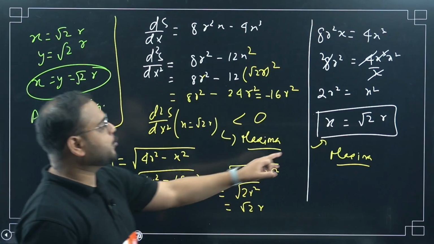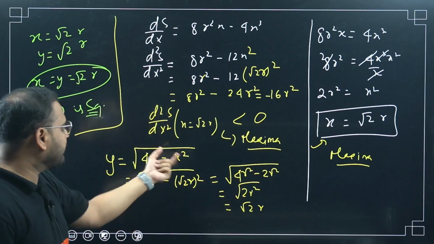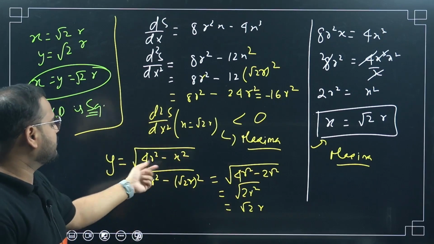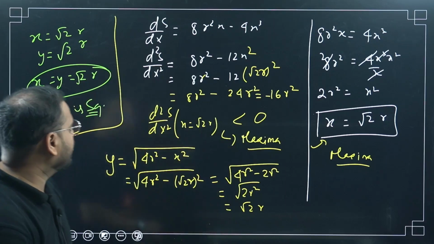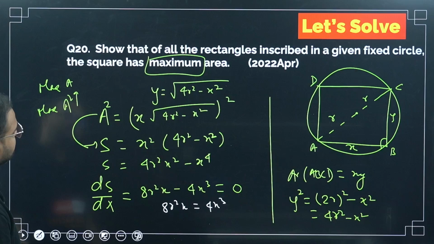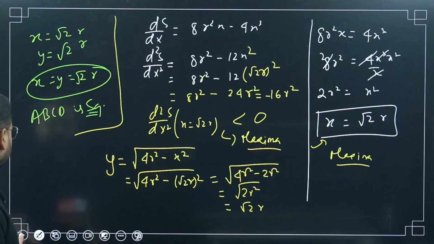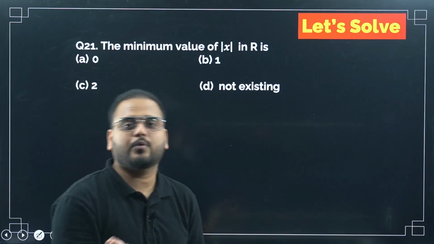Got the critical point to be root 2r. Checked for maxima; it was coming negative, so maxima only. From that condition, I used the y value and got x and y the same, root 2r, root 2r. It means that for the maximum area of the rectangle, it has to be a square.